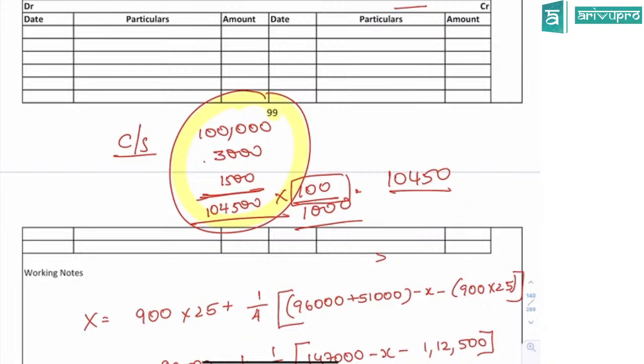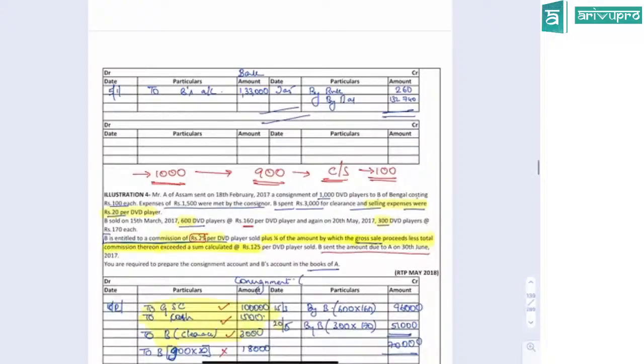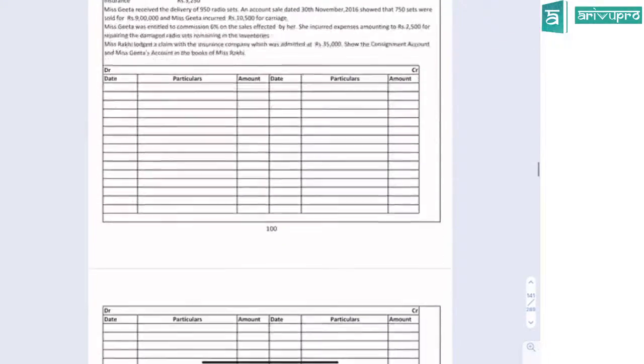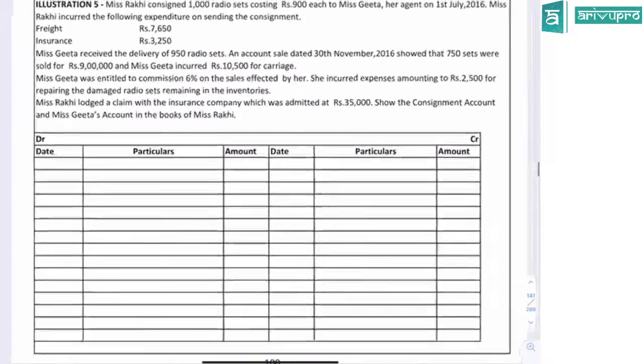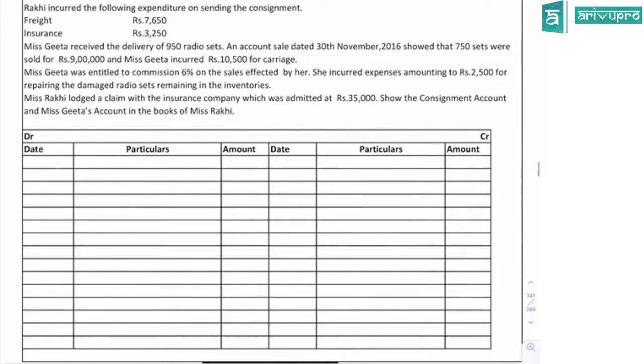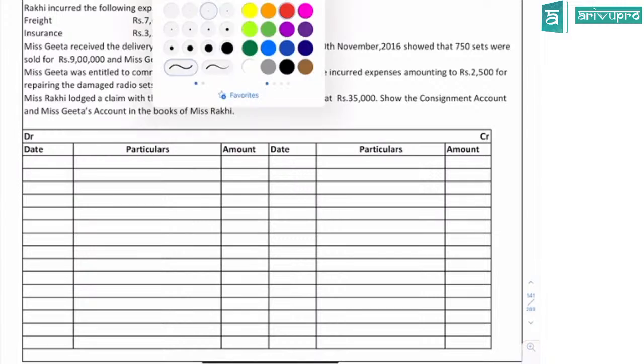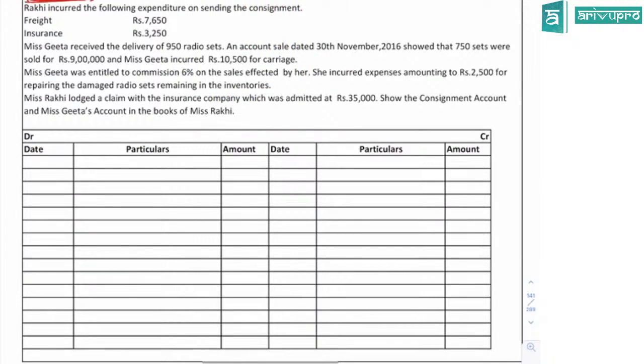Guys, are you clear? Yeah. Guys, this illustration number 5 is your homework.